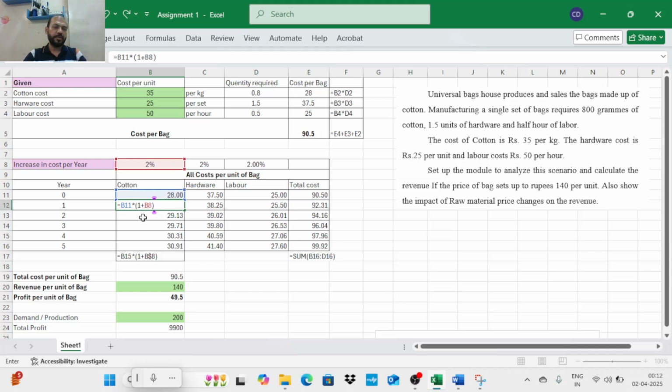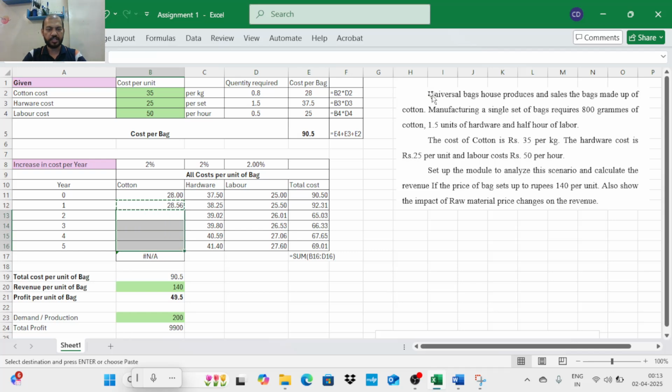Why have we taken 1 plus? This will calculate the 2% of 28, and it will add that 2 percent to this 28 amount, and it will give the result. So the increased cost we will be getting directly here. So it's 28.56, right?